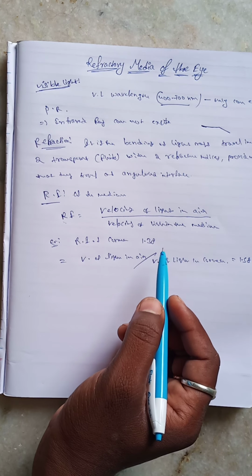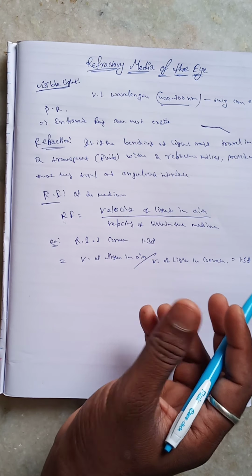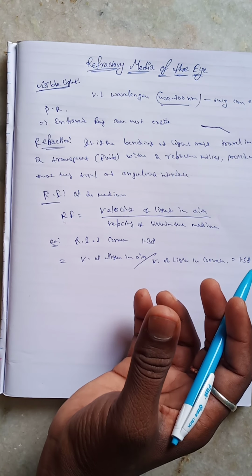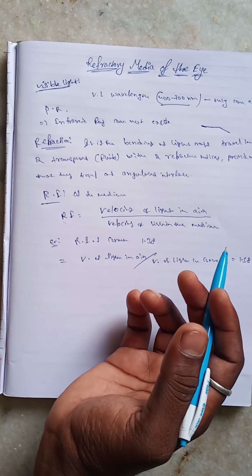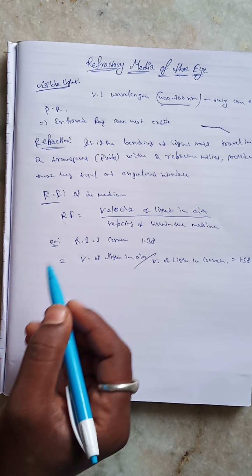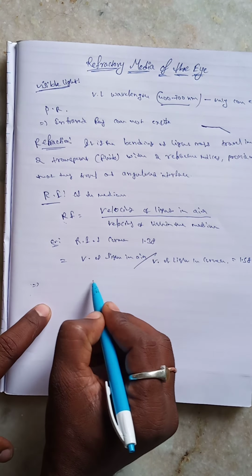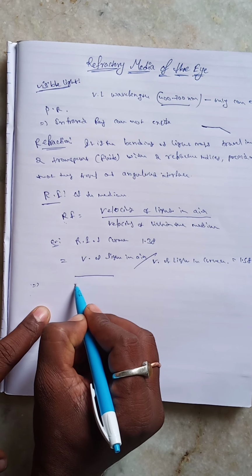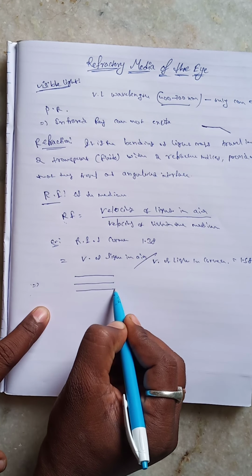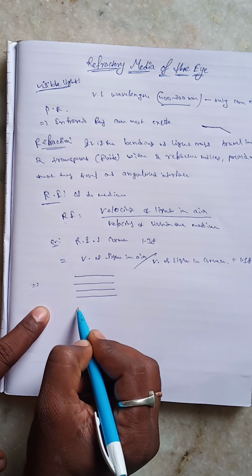Here we identify parallel rays coming from a distance. So how do we determine this refractive index? This diagram shows the detection of the refractive index.